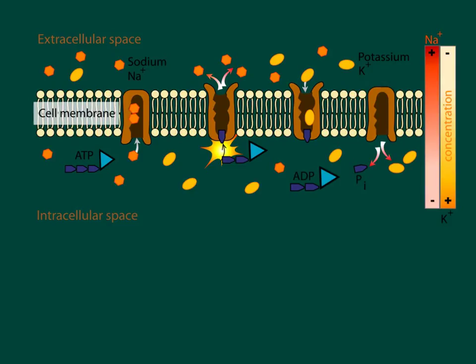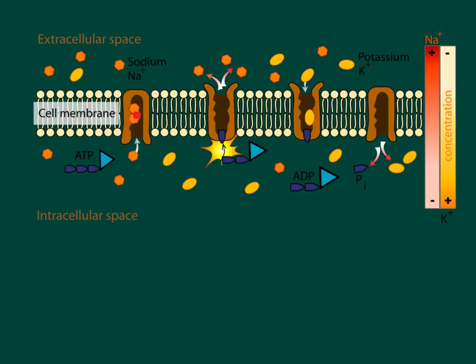But the cell doesn't want that to happen. So what the cell does is it uses this protein that acts as a pump. So it literally binds the sodium here while it's open inside. So you kind of stick to it, hydrogen bonding or some other intermolecular force.